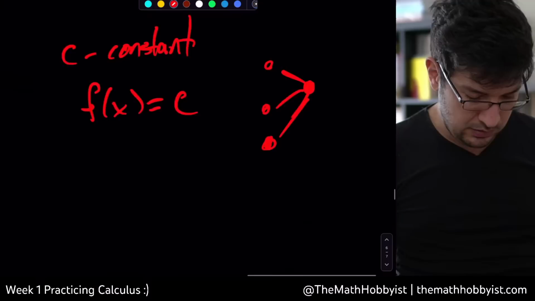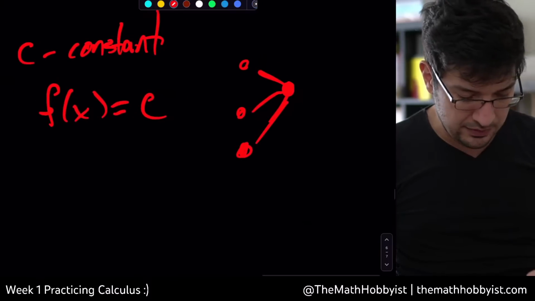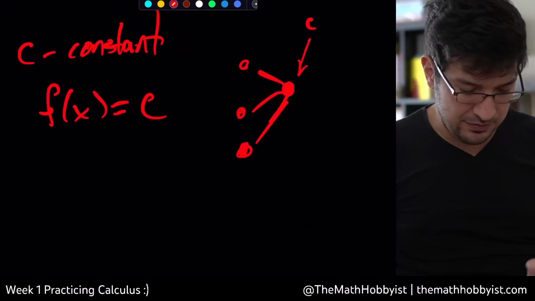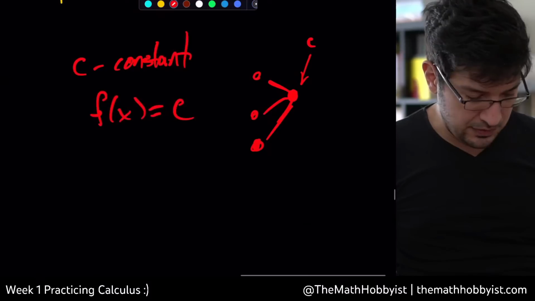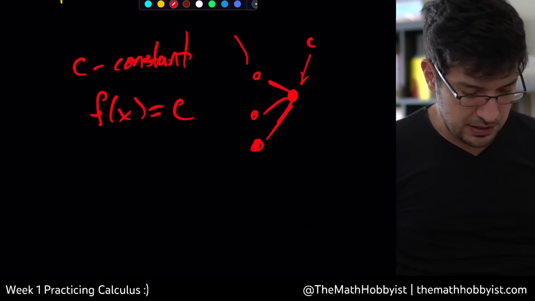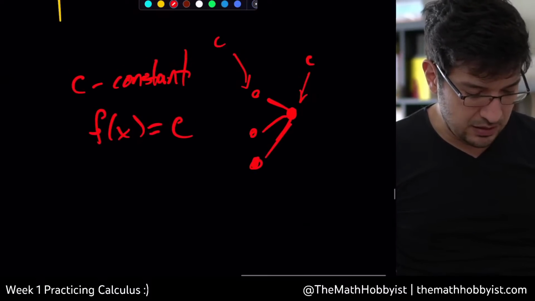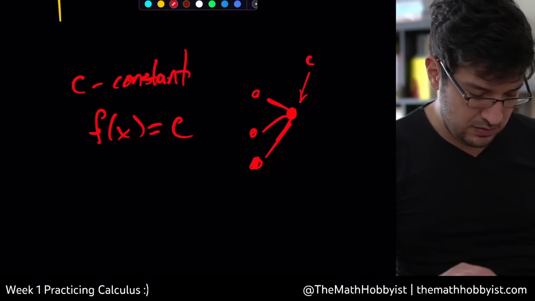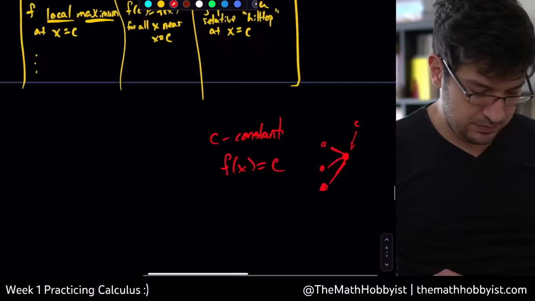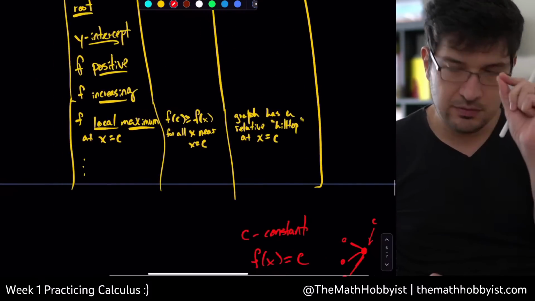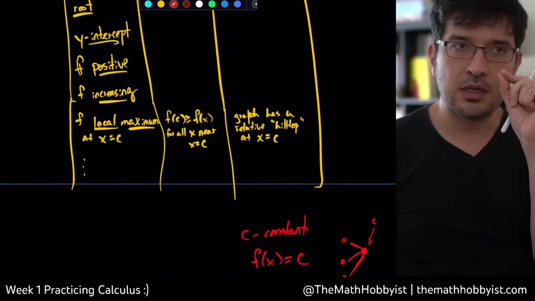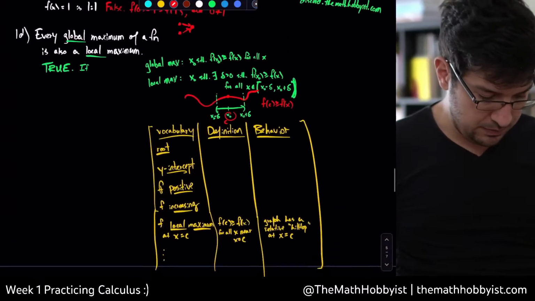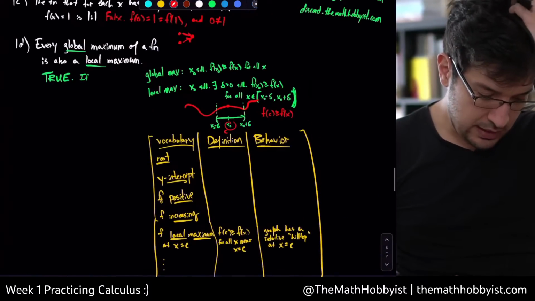So I think of c being this value in a constant function, whereas Taalman means c to be in the domain, a specific input to the function.